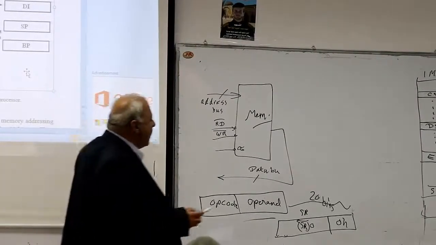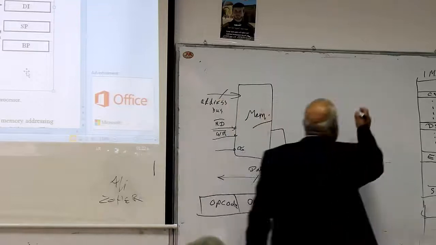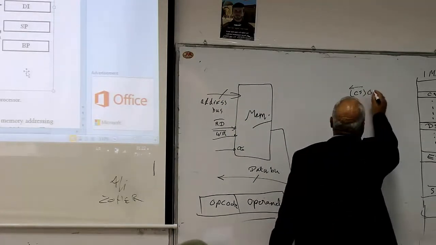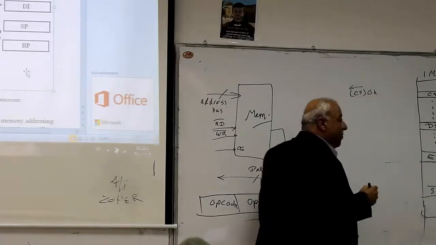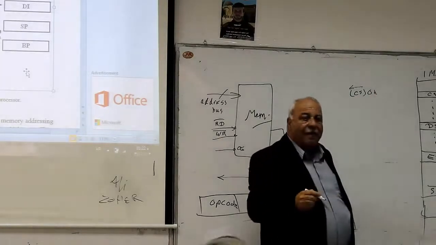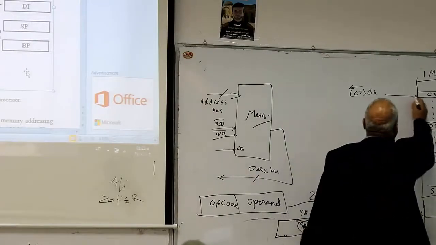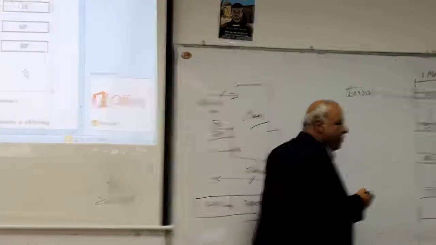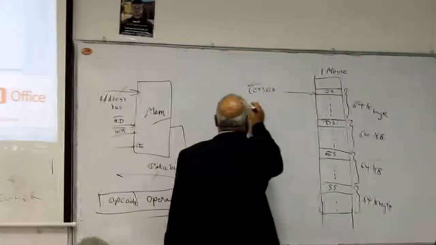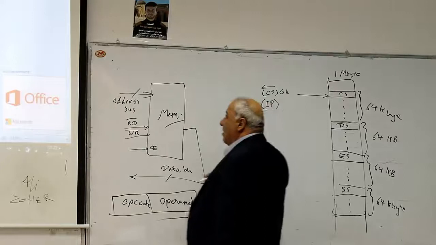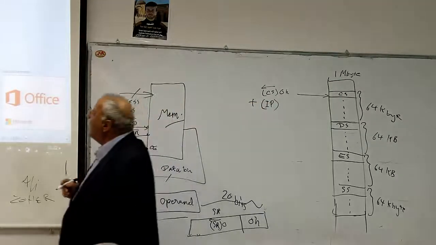So if I say CS shifted to the left by 1 hex digit, that will point to the start of the segment, plus IP, the instruction pointer.